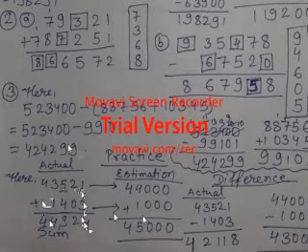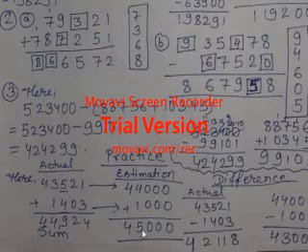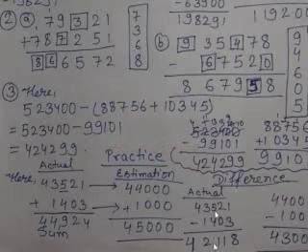The estimated sum is easier to add: 44,000 and 1,000 is 45,000. In the difference, I took a carry of 1, so it becomes 11. 11 minus 3 is 8, 1 minus 0 is 1, 5 minus 4 is 1, 3 minus 1 is 2, and 4 is there. So the actual subtraction is 42,118, the actual sum is 44,924, and the estimated sum is 45,000.